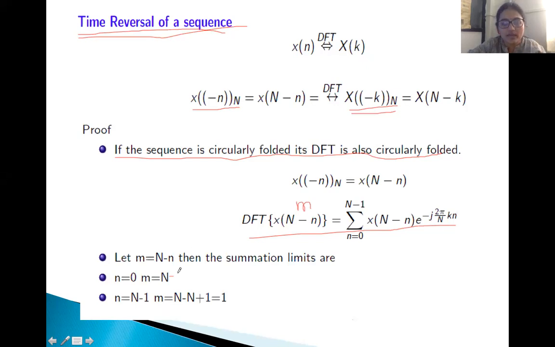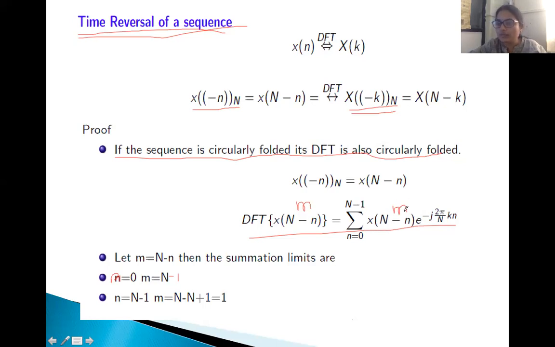So m will vary from 0 to N minus 1, and accordingly the indexing is going to be changed. Here I have substituted N minus n with the new variable m.